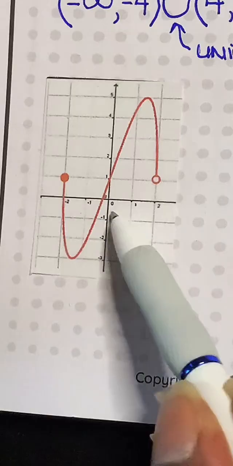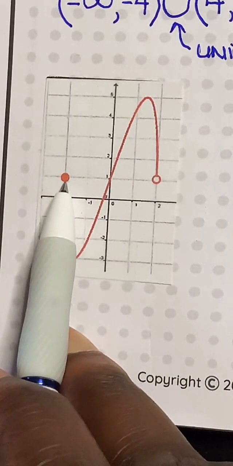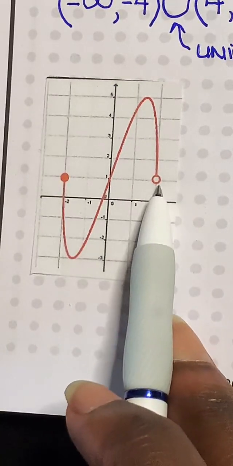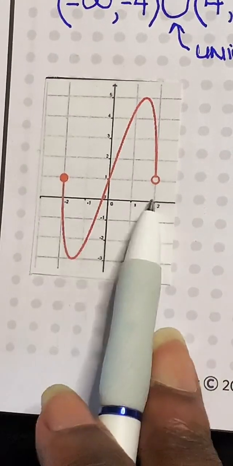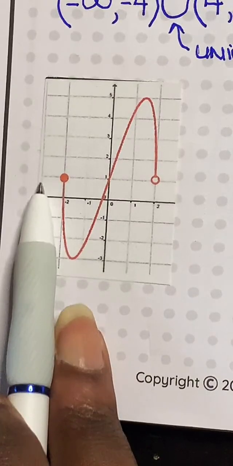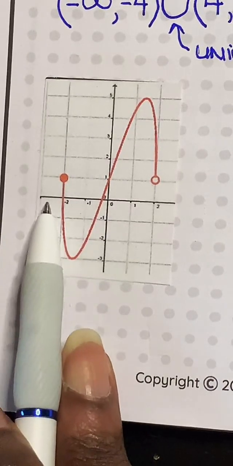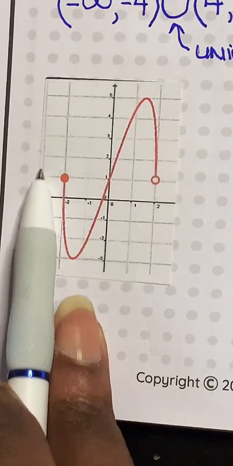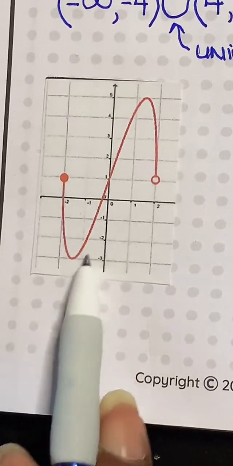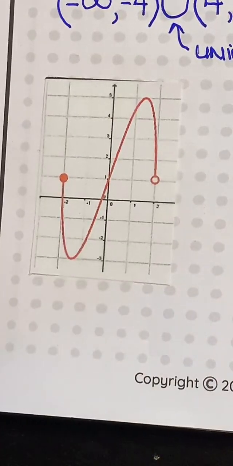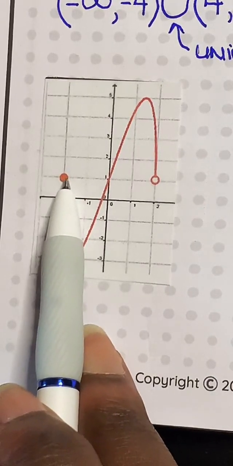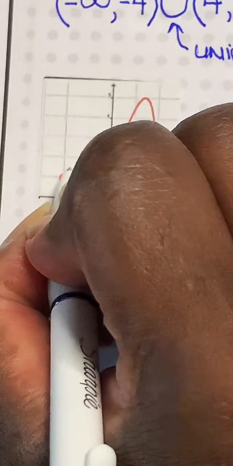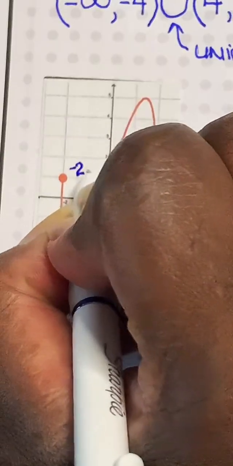I have an endpoint here, and I have an open circle here. If I come over here, this is nowhere near. This will be like, say, -3. -3 is not even hitting this red graph, right? But at -2, there's a stopping point right here. The ordered pair for that is going to be -2, +1.